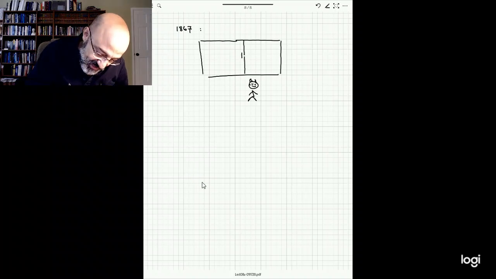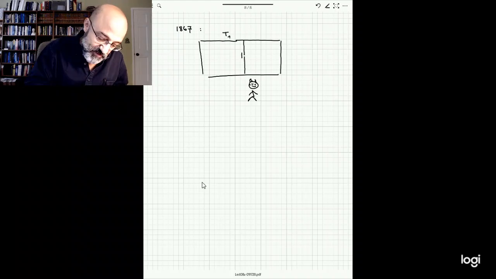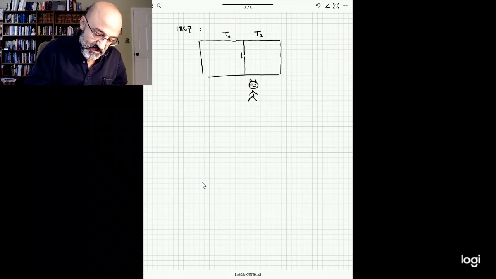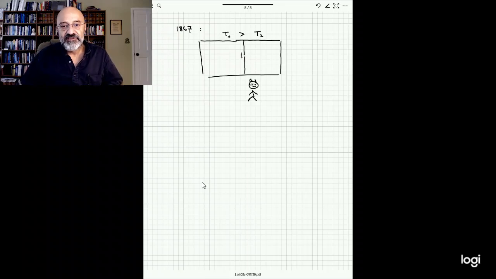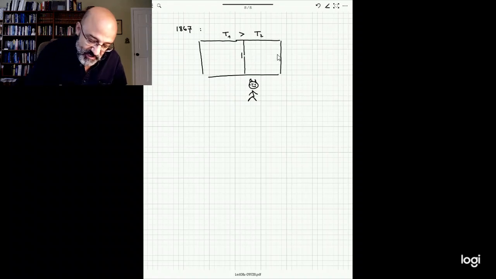Here you have a gas, and let us assume that you have the gas at temperature T1 on the left and temperature T2 on the right, in such a way that the temperature T1 is bigger than T2. So what the daemon does is, when he sees a molecule with high energy, high velocity going from the left, he opens the door and lets it pass.